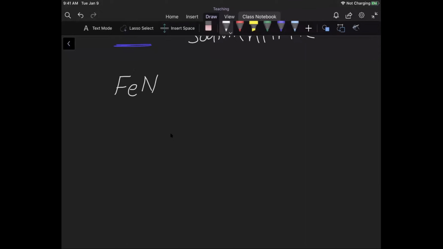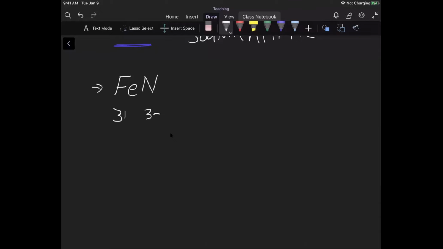Okay, so first thing I look, what's my metal, what's my non-metal? This one, iron's going to be my metal, nitrogen's my non-metal. Now I know the nitrogen and the anions, I'm going to know their charge, right? So I know that the nitrogen is 3 minus, okay, because it's in group 5. So that means if I have a neutral compound, iron nitride, oops, I gave away the answer, then this one has to balance the charges, right?